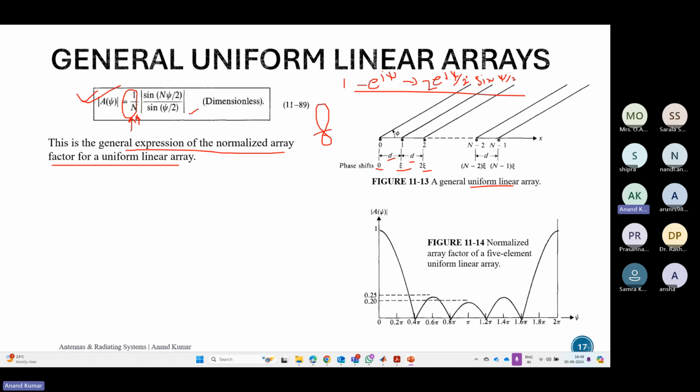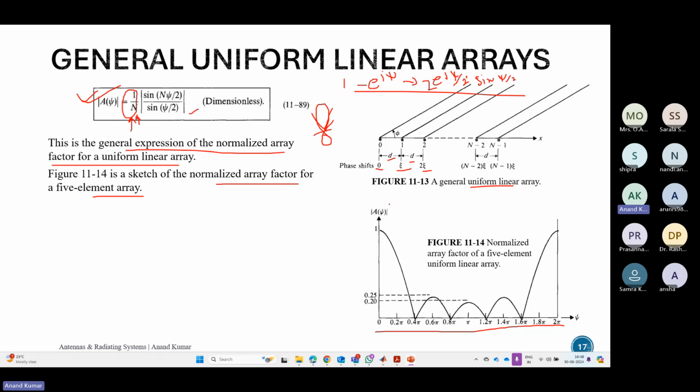All the parameters such as the beam width or the nulls can be calculated with the normalized expression. Figure 1114 is the sketch of the normalized array factor for a 5-element array. So for n equal to 5, this is the normalized array factor plotted over here.